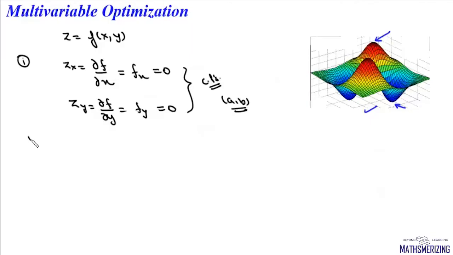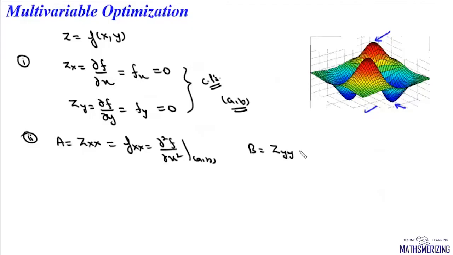For that, we'll use the second derivative test. For the second derivative test, we'll find zxx, that is, the second derivative of f with respect to x at this point (a, b), and we'll call it, say, capital A. We'll find B, which is the second derivative of the function with respect to y, which we'll also say fyy, del square f upon del y square at this point (a, b).